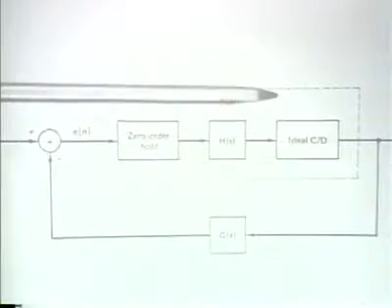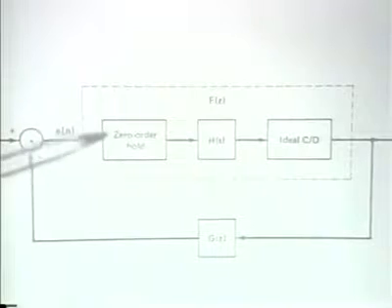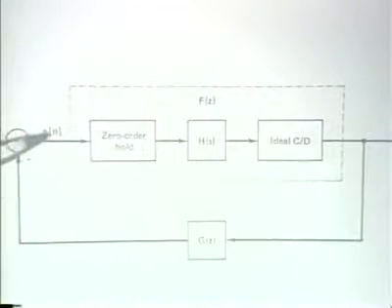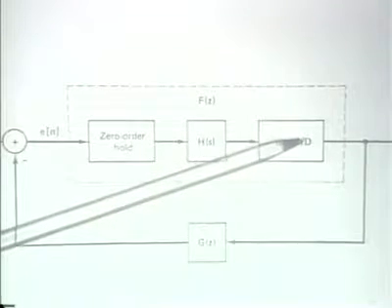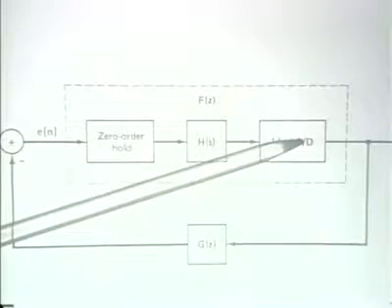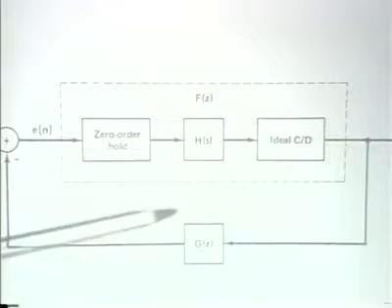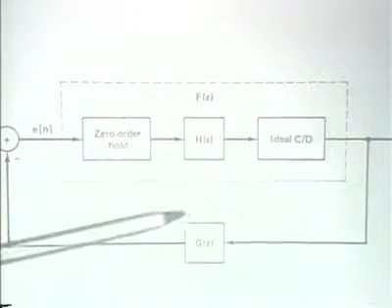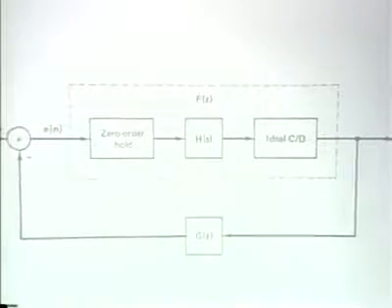Here we have what is in the forward path is basically the continuous time system with the interpolator at one end and the continuous to discrete time converter at the other end. And then we have whatever system it was in the feedback loop, discrete time, that shows up in this feedback loop.